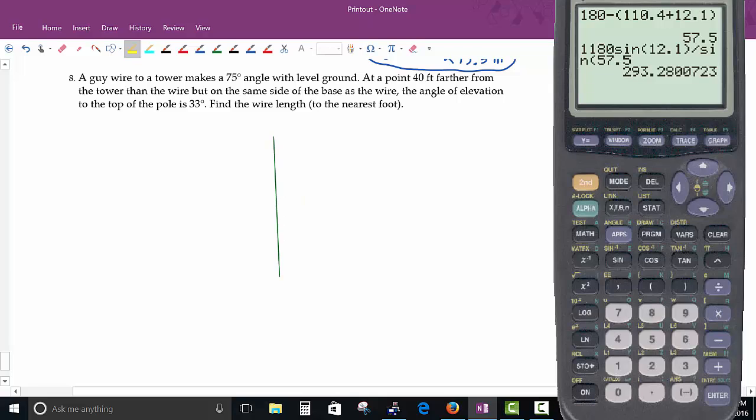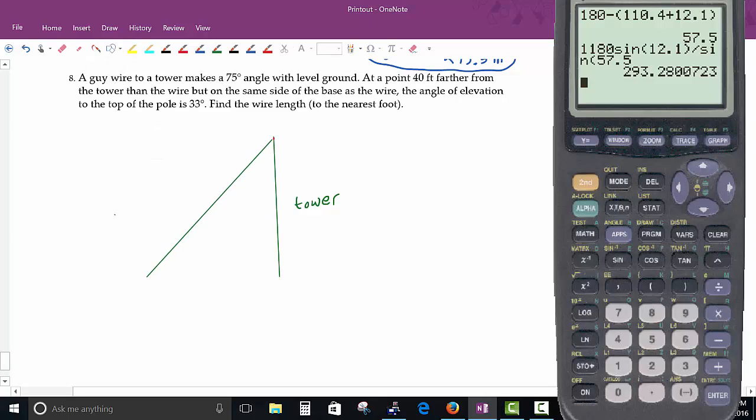Now the tower does not necessarily have to be at a right angle maybe. So we're not ready to assume whether or not it's a right angle yet. And it says the guy wire makes a 75 degree angle with level ground. So I'm just going to assume that the guy wire is on the top. So I'm going to just represent something kind of like this.